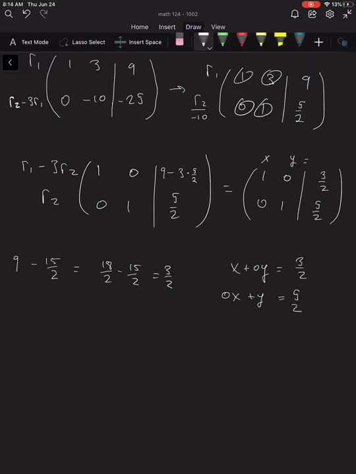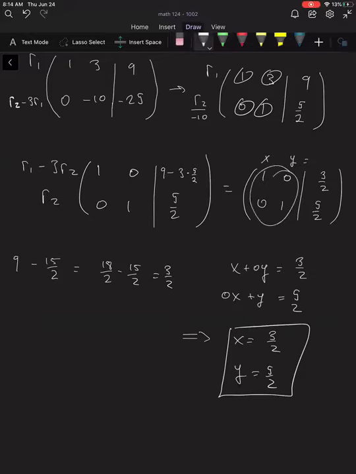But 0y is 0, so that top thing just tells us that x is equal to 3 over 2. And the bottom, the 0x is 0, so we just have y is equal to 5 over 2. Okay, and so here are our answers for this one. So once the left-hand side looks like this, 1, 0, 0, 1, this is going to be your x, and that's going to be your y.